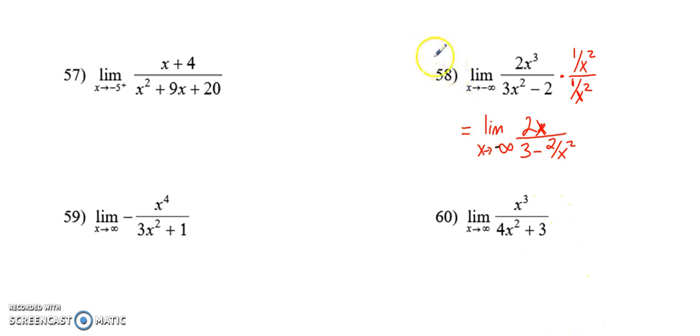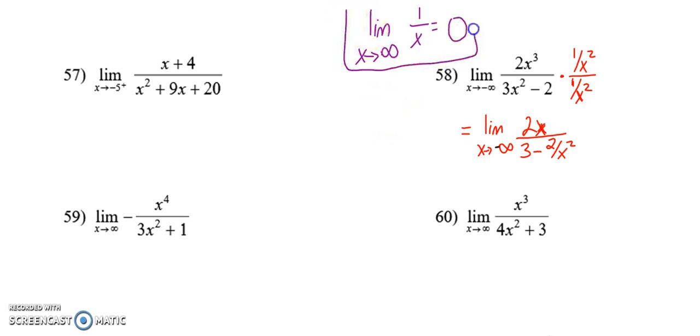I understand that. But we've got this one limit that's going to help us out: the limit as x approaches infinity, whether it's positive or negative, doesn't matter, of 1 over x. And actually, it doesn't matter if it's x or x to any power. This limit is always going to be 0.